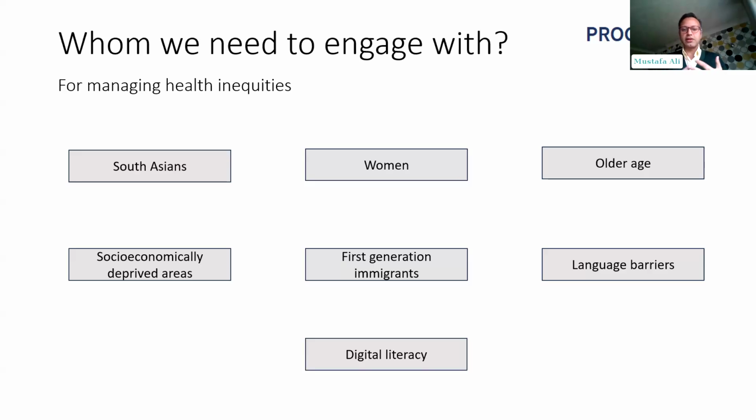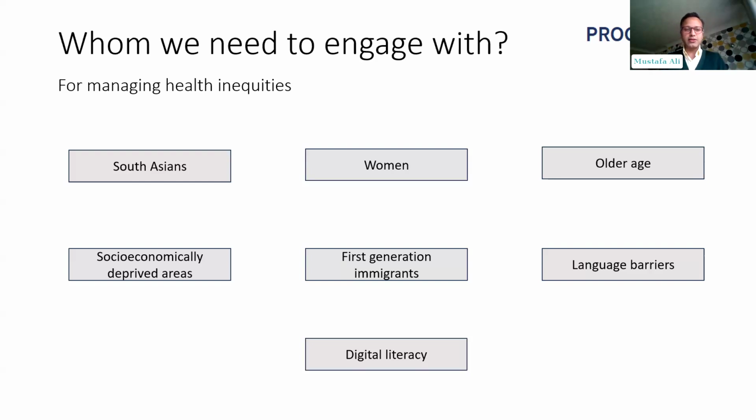So they have gender, age, their socioeconomic status. So you can imagine that South Asian women who are in their older age, from a socioeconomically deprived background, who are first generation immigrants, might have challenges in communicating in English, and they also have poor digital literacy. So they might be the ones who face a higher barrier than other South Asians.